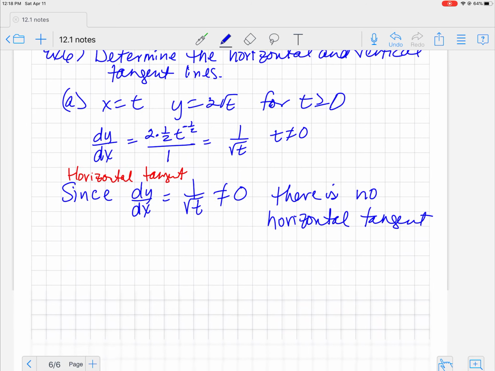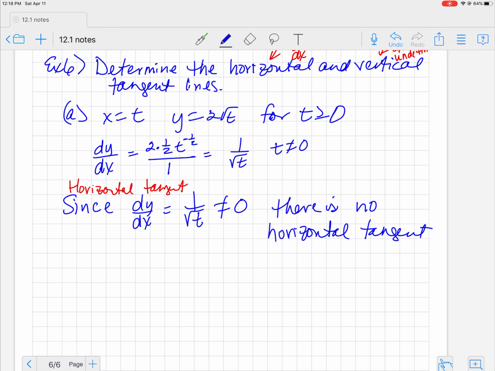So for this problem, there is no horizontal tangent. Okay, do I have a vertical tangent? I don't know. Is there some place that this is going to be undefined? For the vertical tangent, I'm asking where the derivative is undefined.